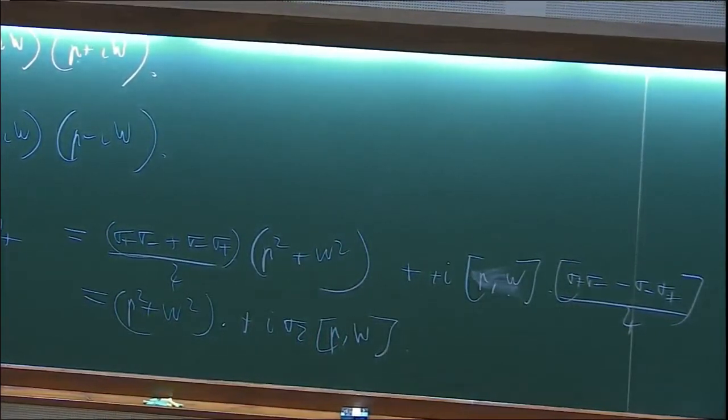Yeah, so sigma 1 and sigma 2 are the usual sigmas, right? So sigma 1 times sigma 2 is i times sigma 3, and therefore the commutator will have a factor of 2. So it's the usual Pauli matrices.